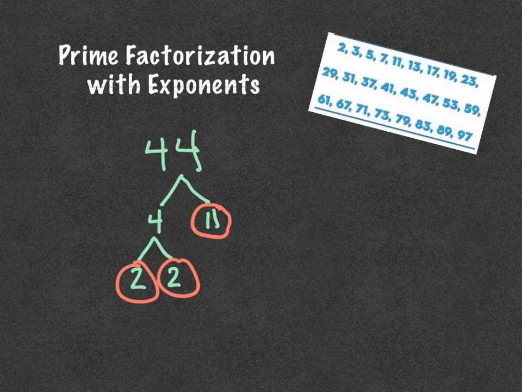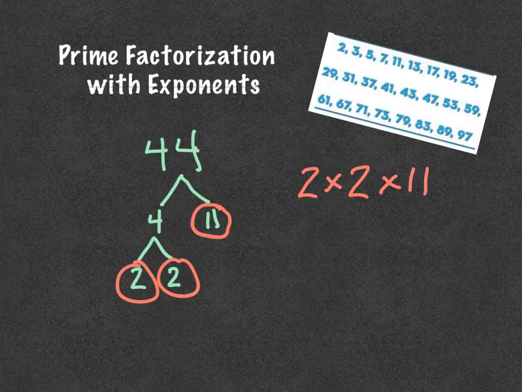So the way that we would write this down in just regular prime factorization would be 2 times 2 times 11. But the way that we would write it with exponents would be, since this is 2 and 2, 2 times 2 would be 2 squared times 11. Okay? So that is prime factorization with exponents.